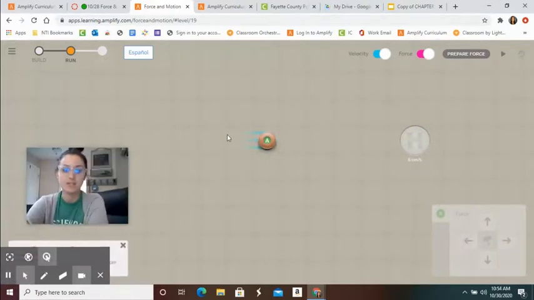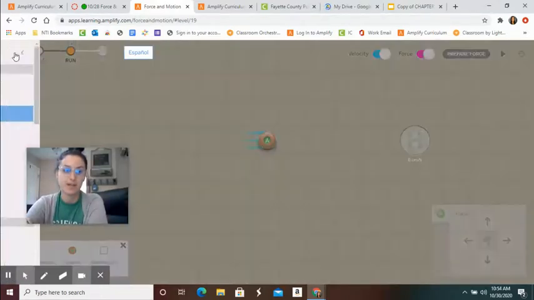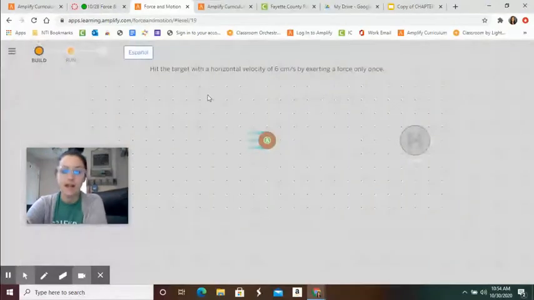So for mission 2, I'm going to go back to here so we can see the goal. I have to hit the horizontal target with a velocity of 6 centimeters a second by exerting the force only once. I can see that there's already velocity going off of this, but I'm thinking that that's not going to be enough to meet 6 centimeters a second. So I'm thinking I'm going to have to make it go faster.